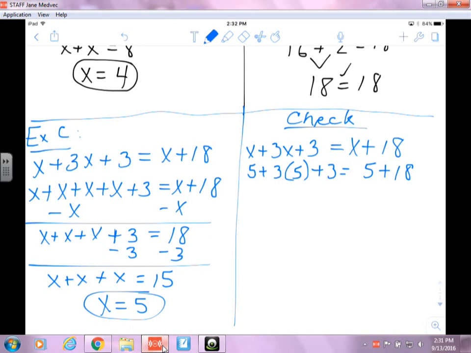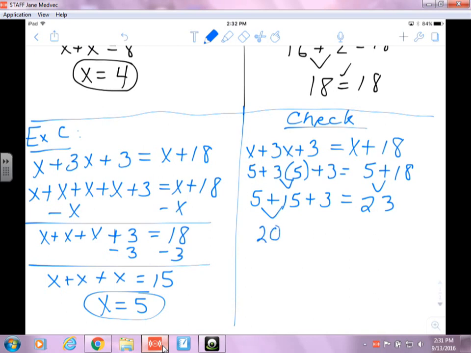Okay, so now on the left-hand side, what do I do first? Yes? Multiply. So 3 times 5 is 15. If I want to work it on the other side, I can. Okay, and then what do I add first on the left-hand side? 5 and 15.